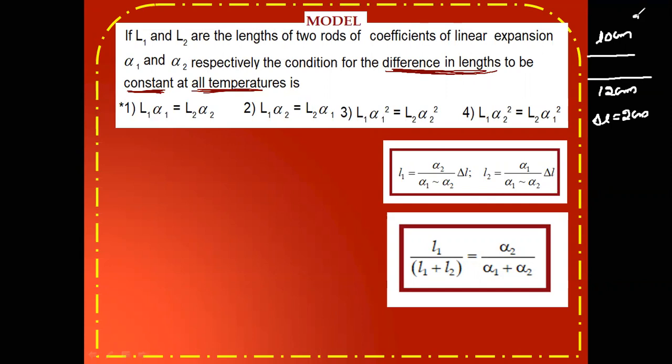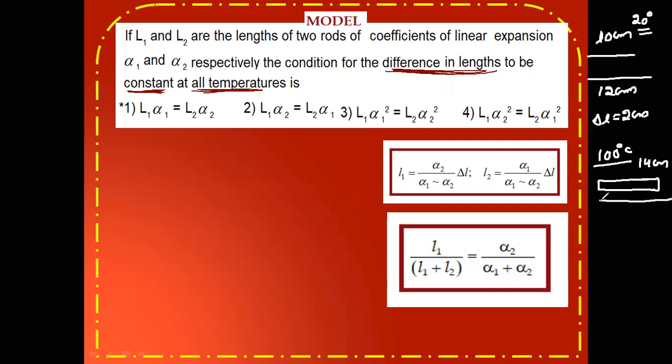Suppose here I am taking it as 20 degrees Celsius. Suppose I raise both of them to 100 degrees Celsius. Now the first rod is expanded to, suppose, 14 centimeter, I am assuming.